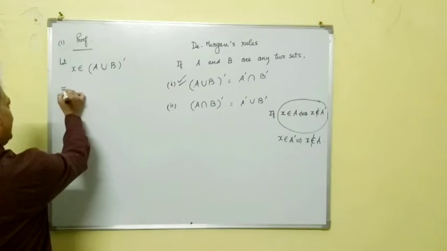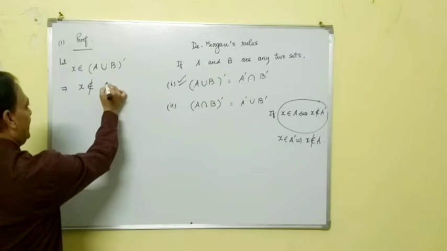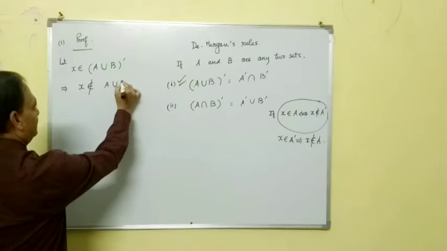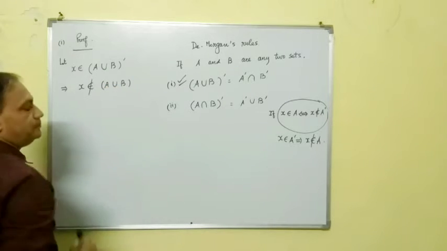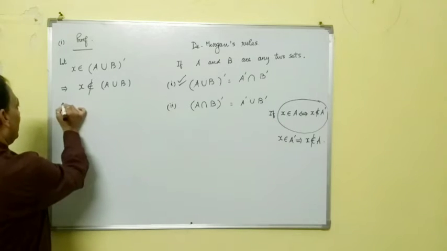It means that x does not belong to A union B. Right? What does it mean?